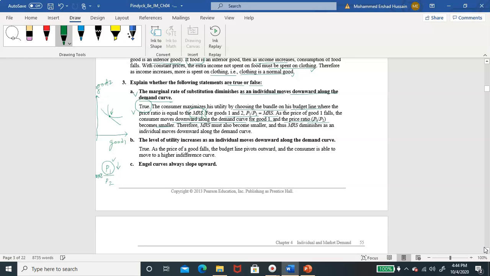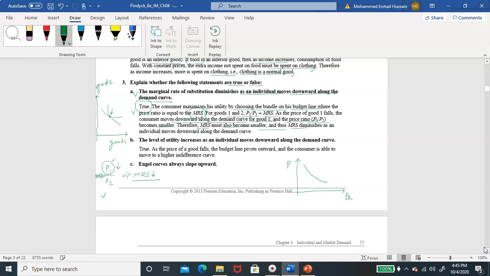We already said that at the equilibrium. And if this is decreasing, it implies that MRS also is decreasing, right? So that is what. Therefore, MRS must also be smaller, and thus MRS diminishes as an individual moves down along the demand curve. If this is his consumer equilibrium graph, if you look at his demand curve, you can see Q and price, right?